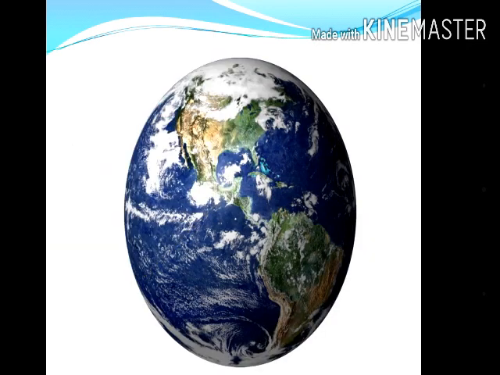This is the outermost surface layer of earth, and here you can see the blue and white portion you are seeing everywhere.